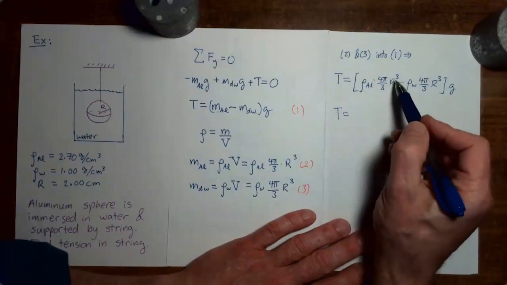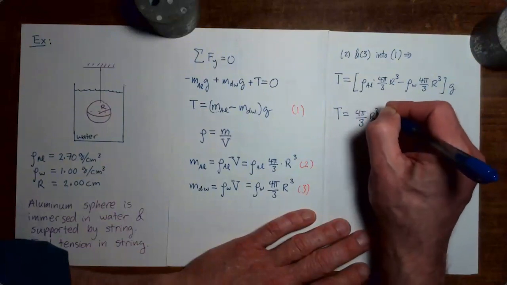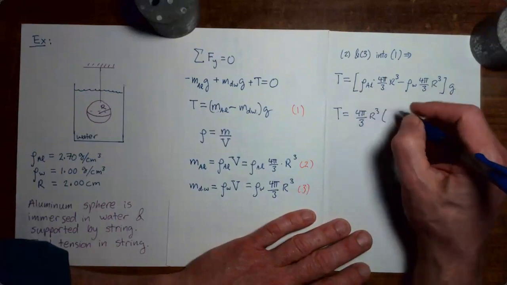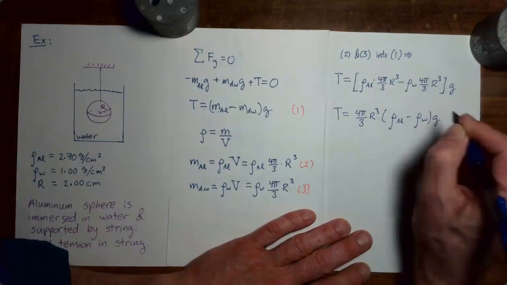Now, let's simplify this expression by factoring out 4 pi over 3 times radius cubed. So then we have that multiplied by density aluminum minus density water times g.